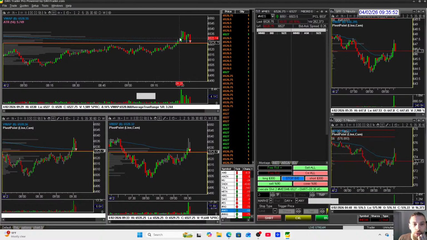See if this is going to move down out of this range. Volume's picking up, which is nice.